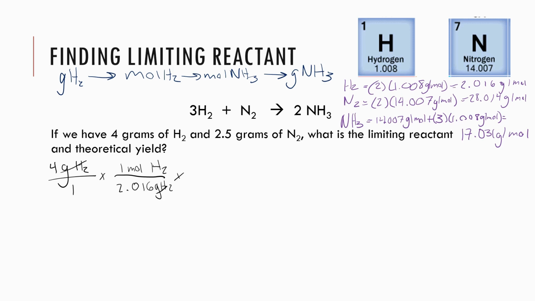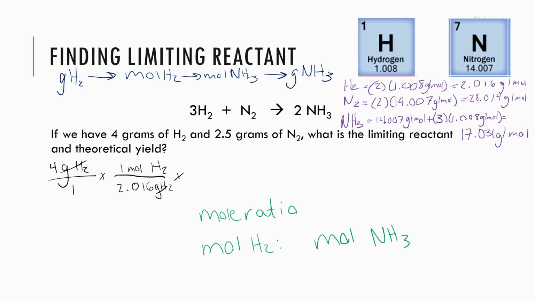If we were to stop right here, we would be in moles of H2, but we need to get to moles of NH3. Now for our mole ratio, I'm going to put down here our mole ratio. We're looking for moles of H2 to moles of NH3, our product that we're converting to.